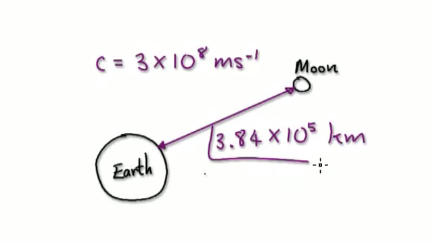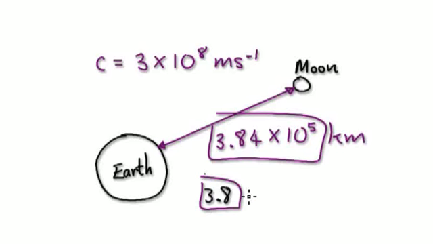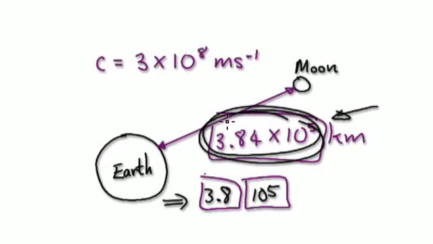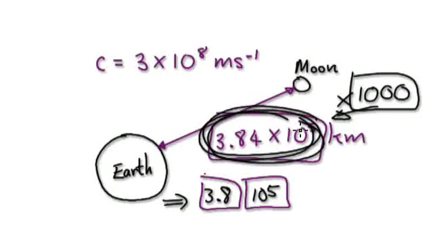At the moment you can visualize this as 3.8 times 10 to the power 5, so this number is given by these two blocks multiplying together. Now, if you want to convert this into meters, just get this number, whatever it is, times 1,000. That's all you need to do because there are 1,000.